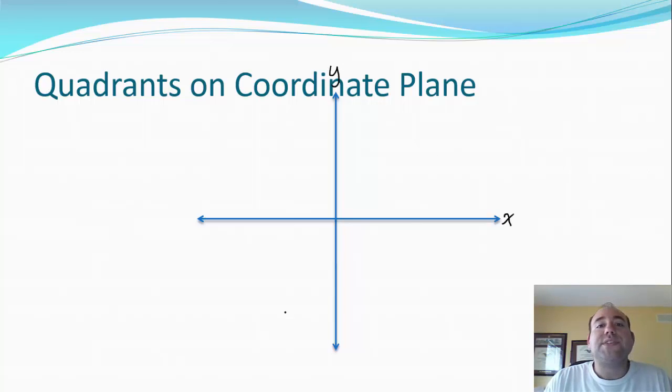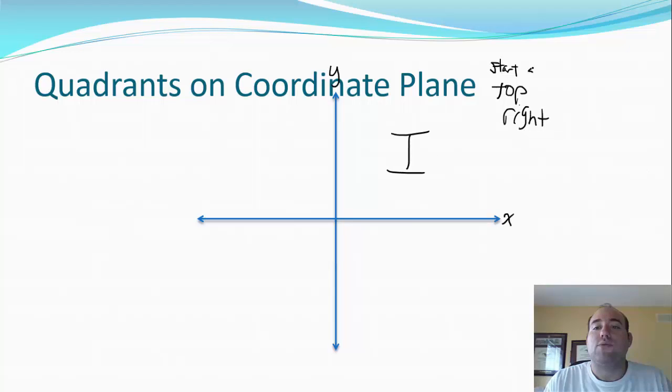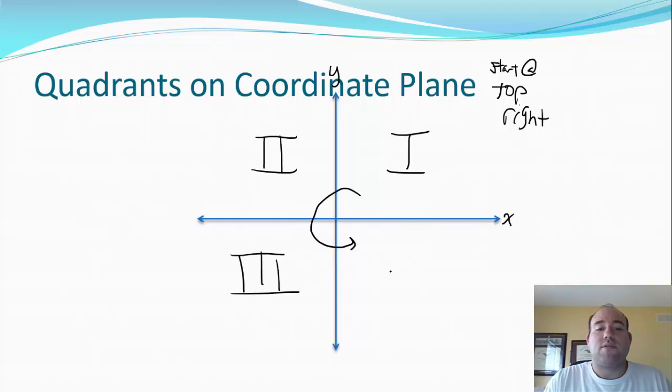Now, when it comes to labeling this, if you get stuck, the easiest way to do it is you start at the top right, and that's your first quadrant. Okay, so we'll start at the top right, and then we just go around the coordinate plane counterclockwise. So we move over, and that's our second quadrant. We go down to our third, and then we go to the right for our fourth quadrant. Okay, and we usually depict this with Roman numerals.